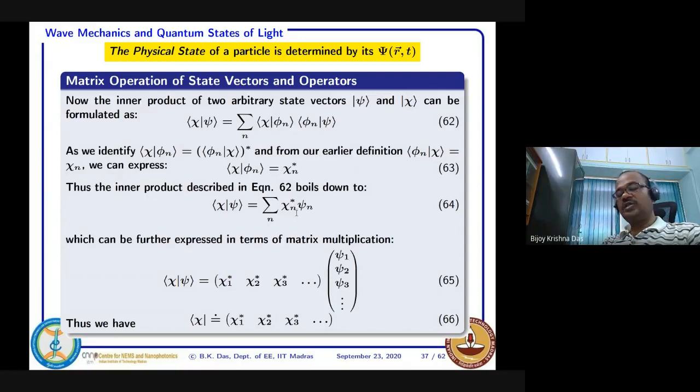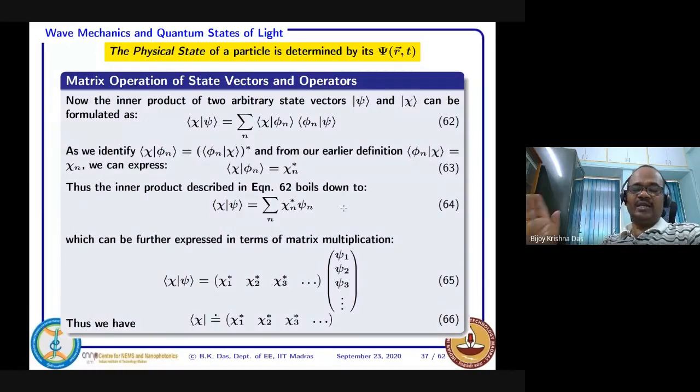So equation 64, if you try to expand it, with n equal to 1, the first term is chi 1 star psi 1, plus chi 2 star psi 2, plus chi 3 star psi 3, plus chi 4 star psi 4, and so on.